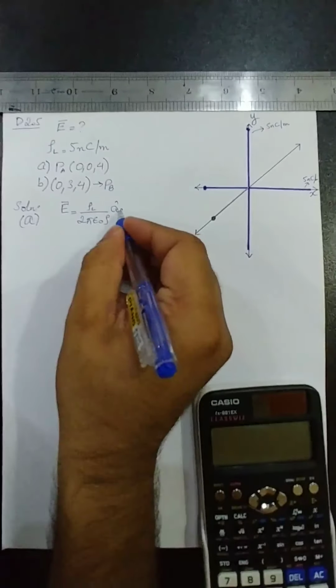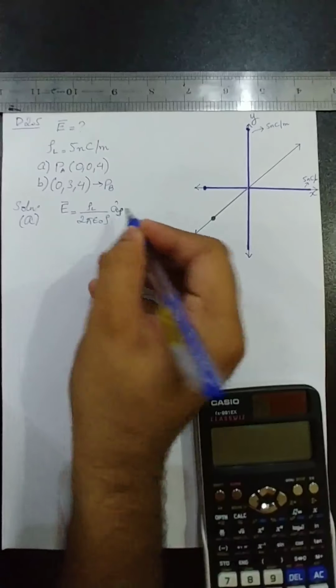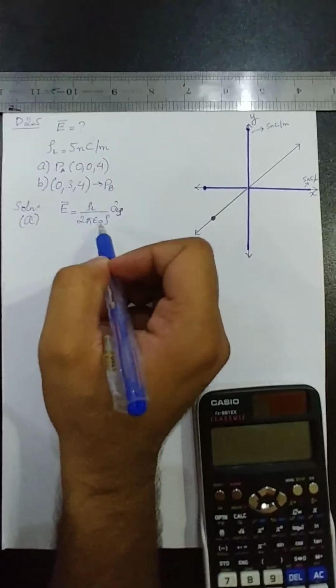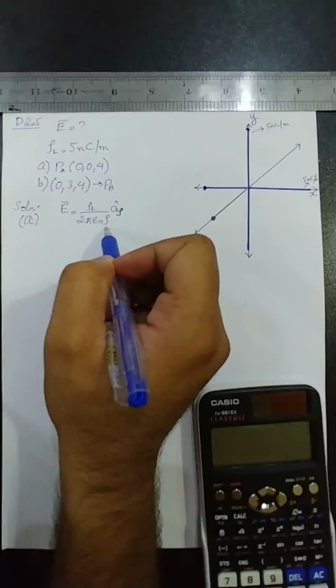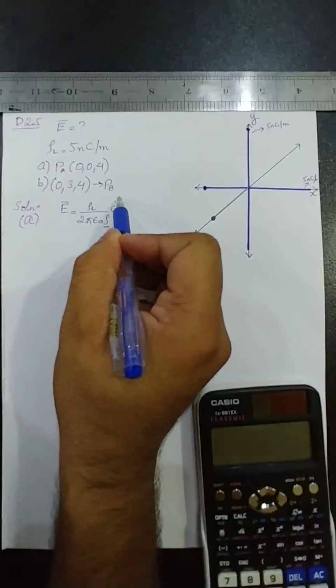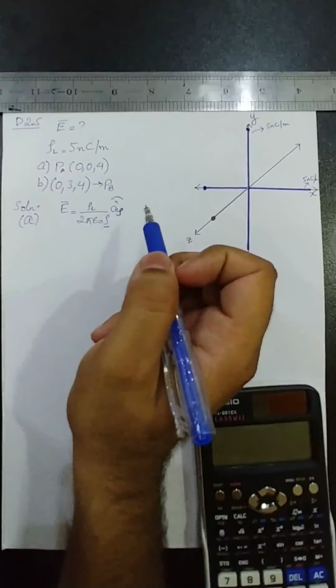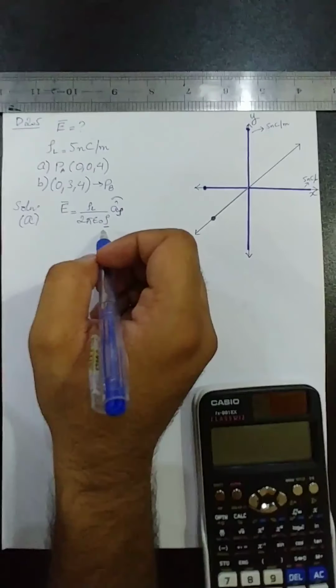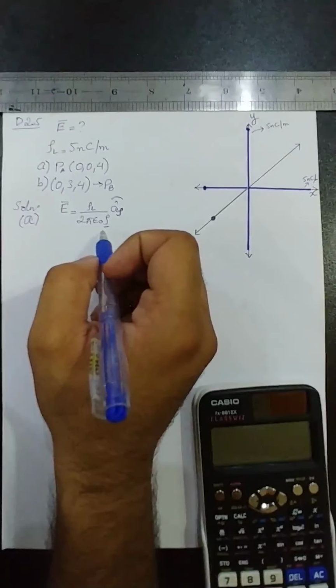This is a rho, not a y, okay. Here rho L is given to us, and 2 pi epsilon naught we already know. We only have to calculate two things, rho and a rho, and we all know that this rho is nothing but the perpendicular distance between the field point and the line charge.